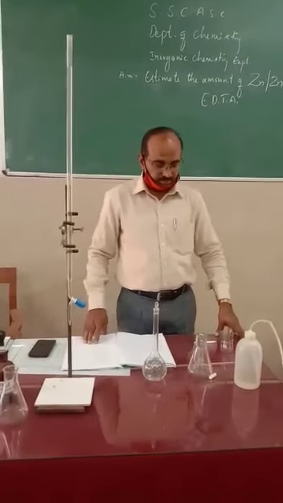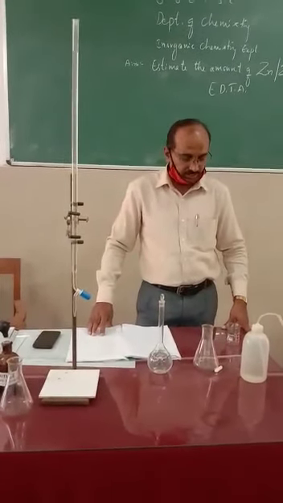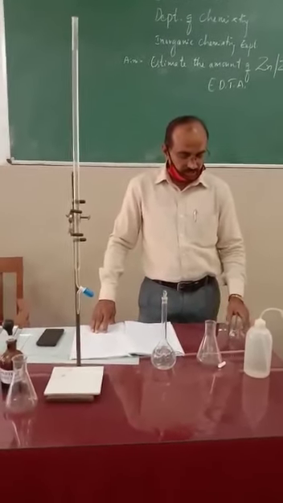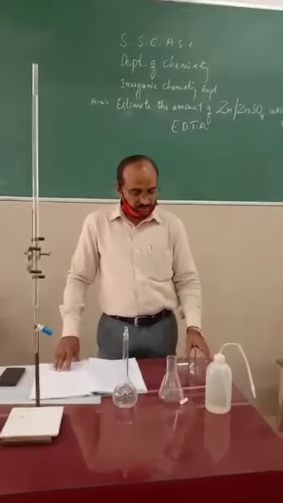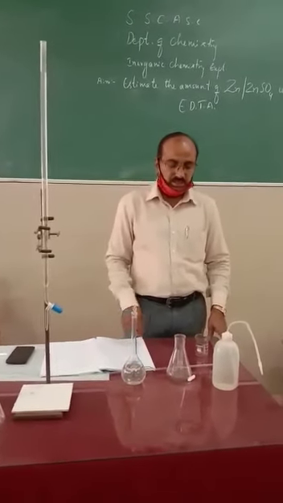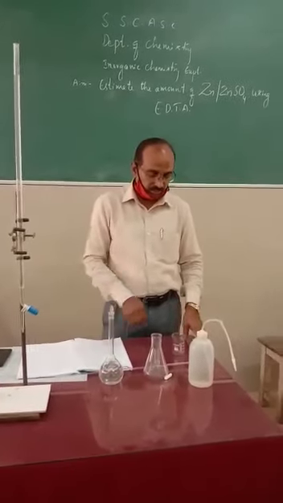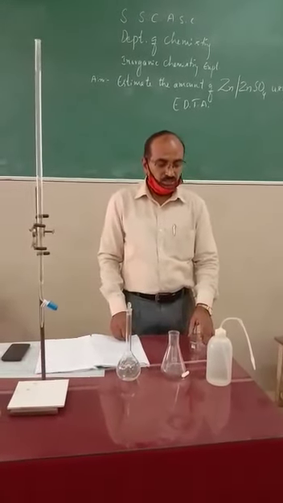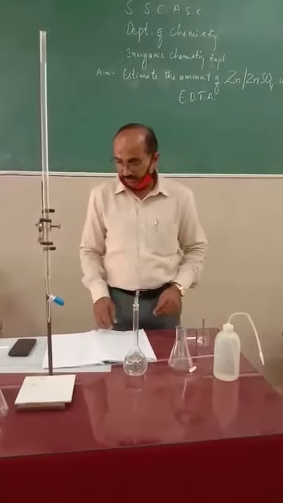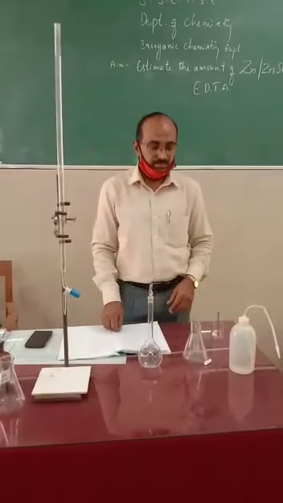That gives the weight of the zinc sulfate crystals, and these crystals are dissolved with a small amount of distilled water to make a solution and transferred carefully into the volumetric flask.